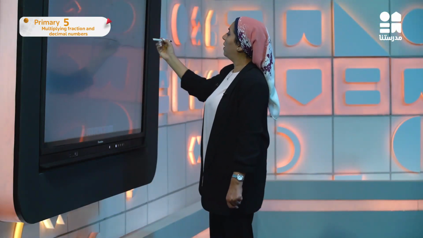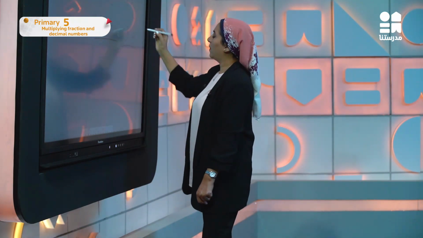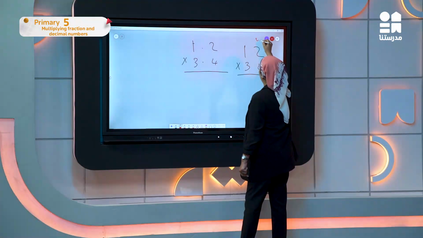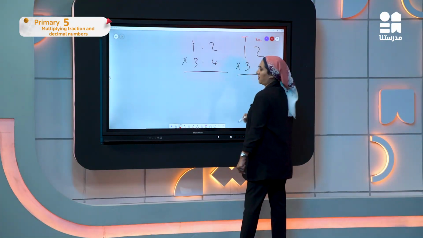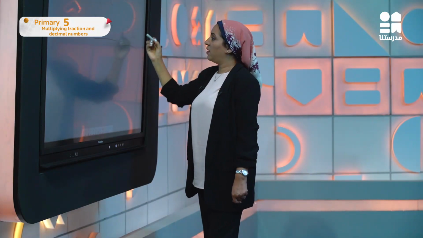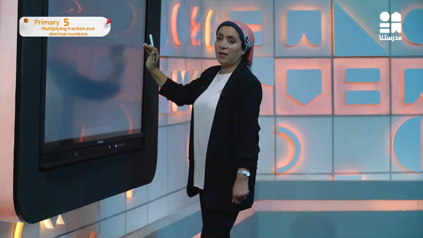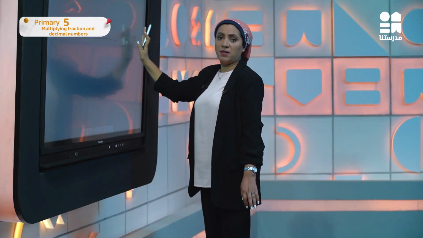Now, as we said before, I will write down the units and the tens. I start with the units. So I'll start by multiplying the 4 by the 2, then the 4 by 1. 4 times 2 is 8. 4 times 1 is 4. Okay, I have finished this digit.